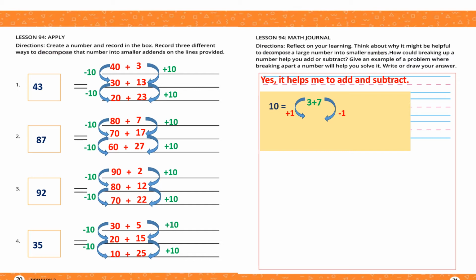So if I add a number to one side, I have to subtract the same number from the second addend. 3 plus 1 equals 4, 10 minus 1 equals 6. So the result equals 4 plus 6. So again, 10 can be written as 3 plus 7 or 4 plus 6.